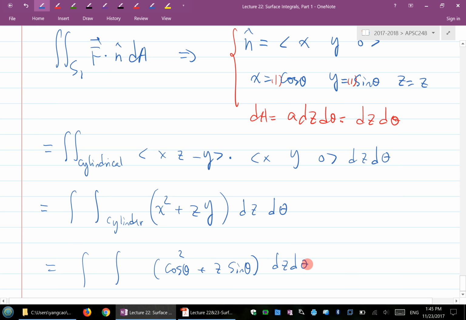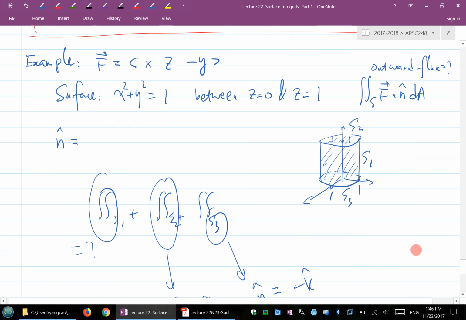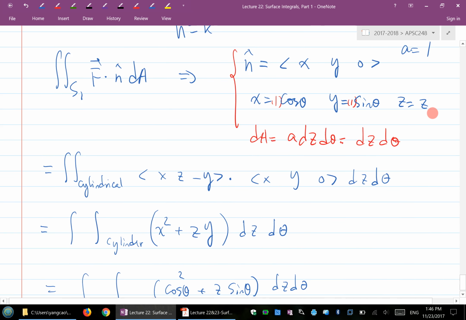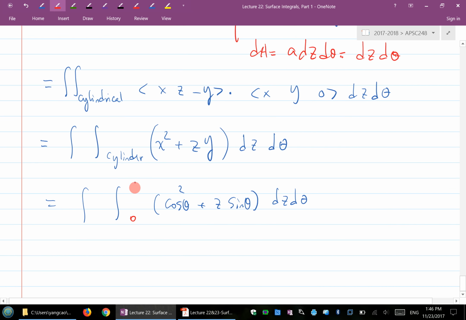And last step, figure out the limits for z and theta. So this is the cylinder. Finding the z is basically you draw arrow lines in the z-axis direction. First contact, second contact, give you z min, z max. So that's 0 to 1. And theta depends on the shadow. This is the whole cylinder, so it will be 0 to 2 pi.